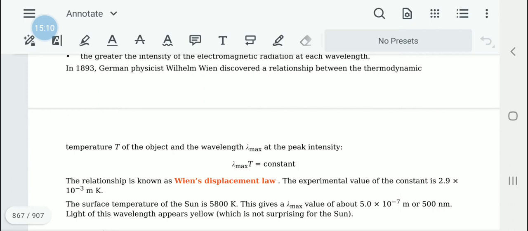By using this value, lambda max for the sun can be calculated.